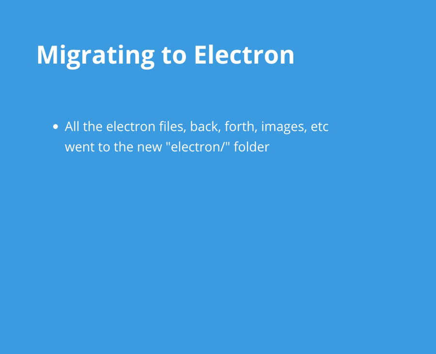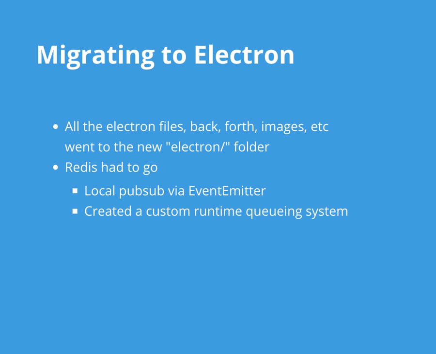Right. So the way I chose to cut it was everything related to Electron went to the Electron folder. So Electron has its own backend, its own frontend. We have Electron front.js for the JavaScript files, etc. Redis had to go, and it had to go because our dependency on it wasn't strong. We only used it for a queuing library that did queue management for us.